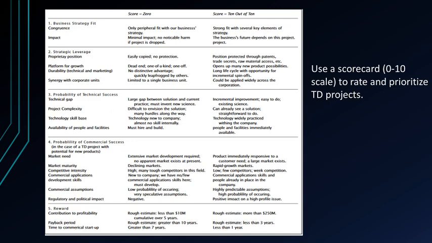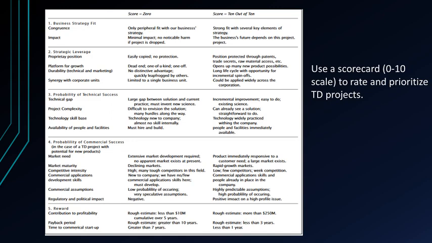If I had a 10 out of 10 score: position protected through patents, trade secrets, or raw material access, etc. Opens up many new product possibilities, long life cycle with opportunity for incremental spin-offs. Could be applied widely across the corporation.